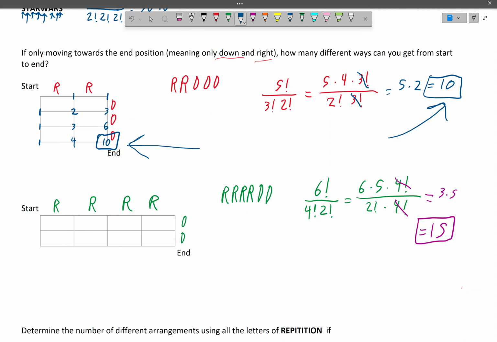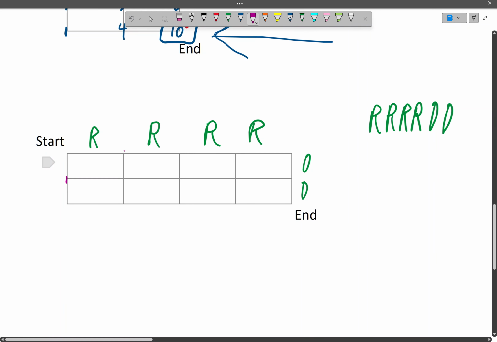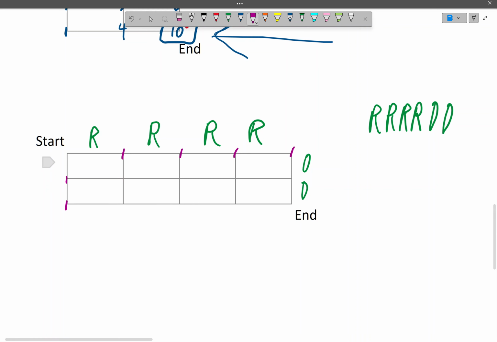So if you pause the video now, you should be able to get 15 on the second example. Okay, so let's go ahead and try this one. So there's 1, 1, 1, 1, 1, 1 to get to any of those corners. This is 2, 3, 4, 5.